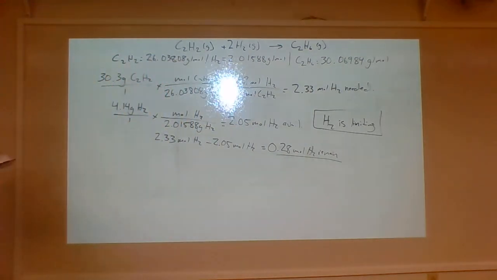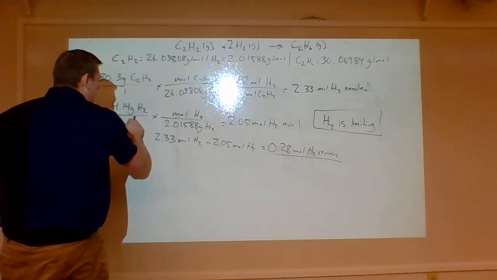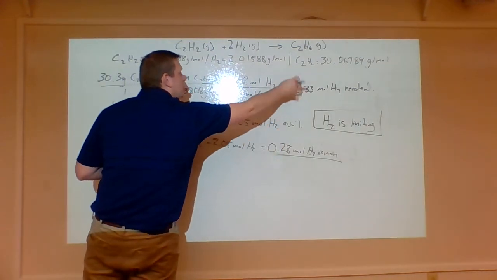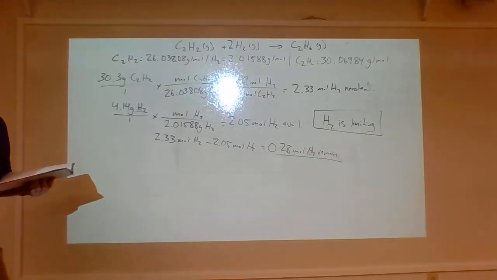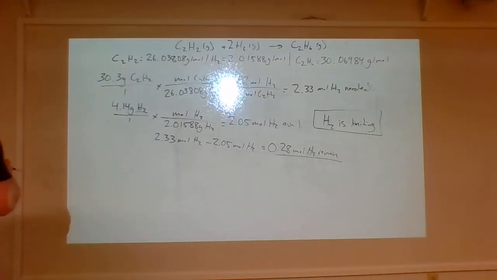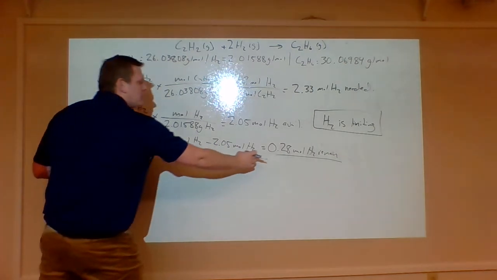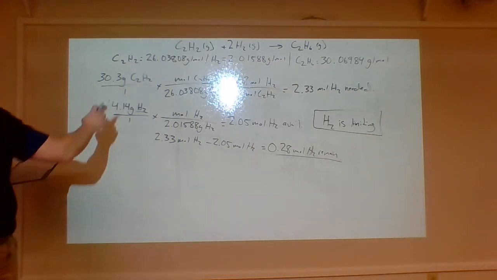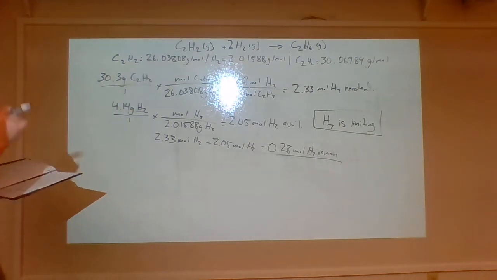Okay? This is not truly moles of H2, because remember, H2 is our limiting. This is the moles of H2 that we could make with the C2H2. So we're back calculating to see how much of the C2H2 remains. So now we need to take that molar quantity and convert that back into grams of the C2H2 excess material.